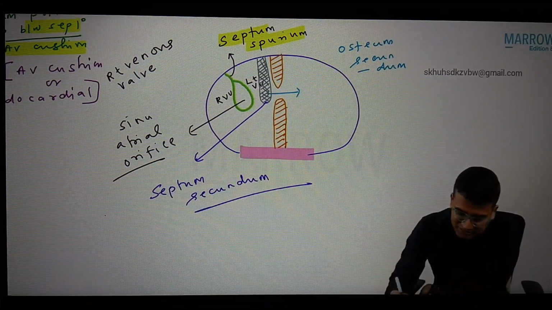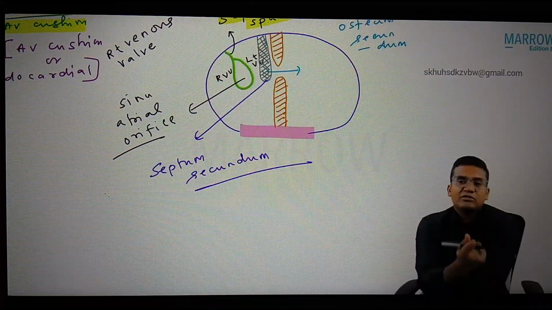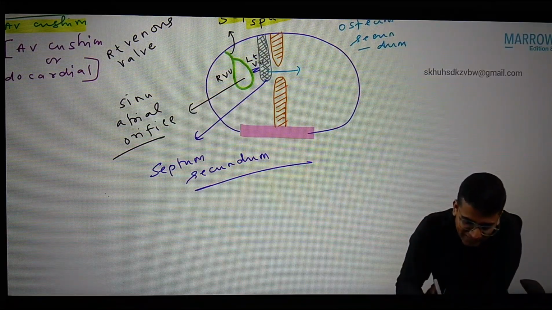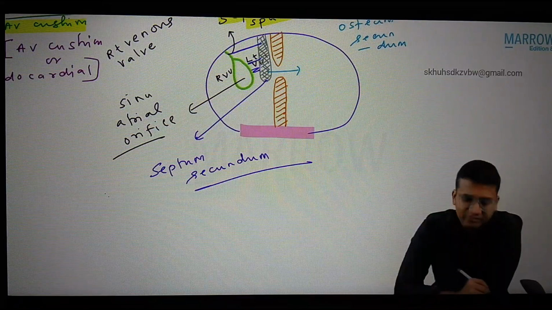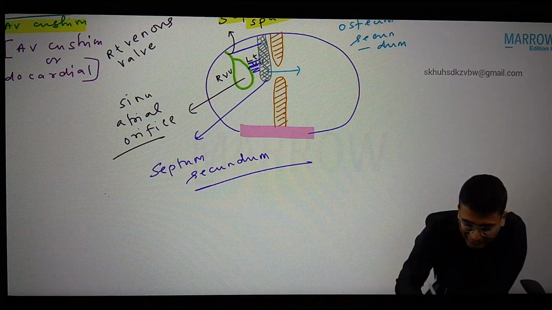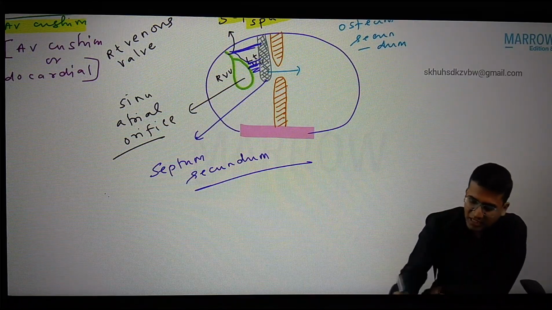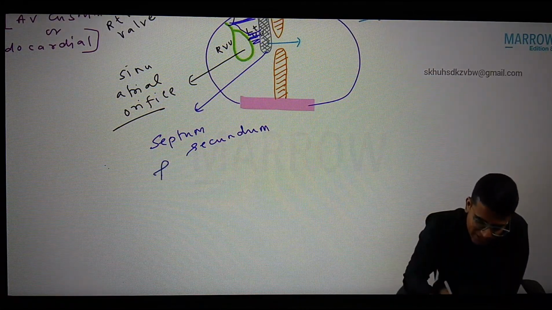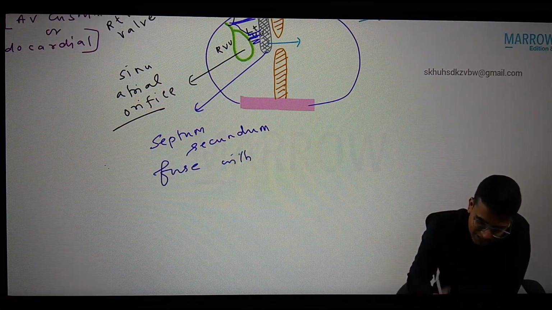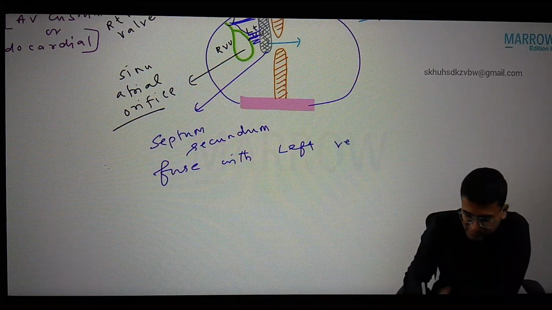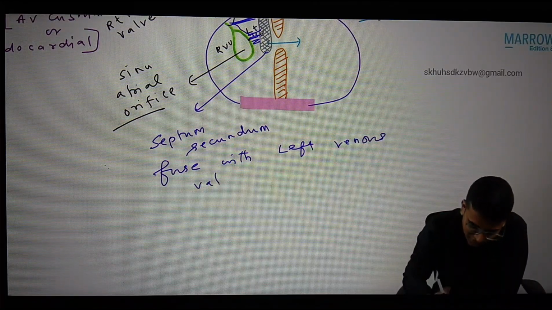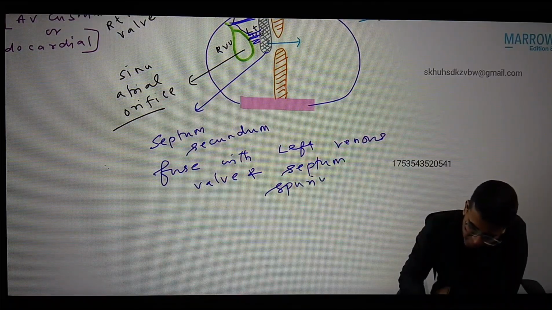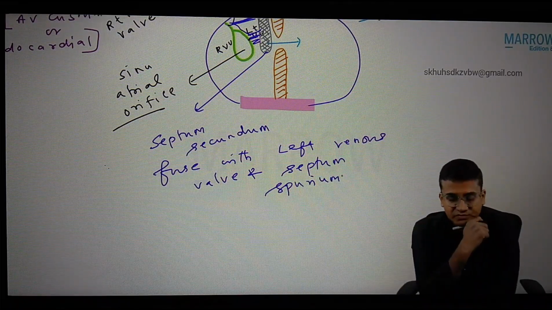Now, the septum secundum is a rigid structure. How does it get its rigidness, sir? By fusing with the right venous valve and the septum spurium. Please write: septum secundum fuses with the right venous valve and septum spurium and becomes a rigid structure.